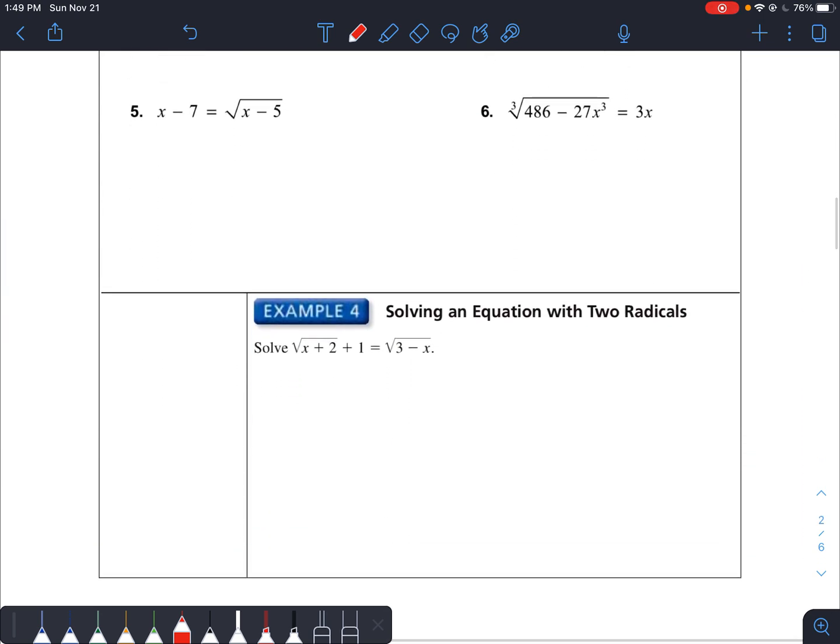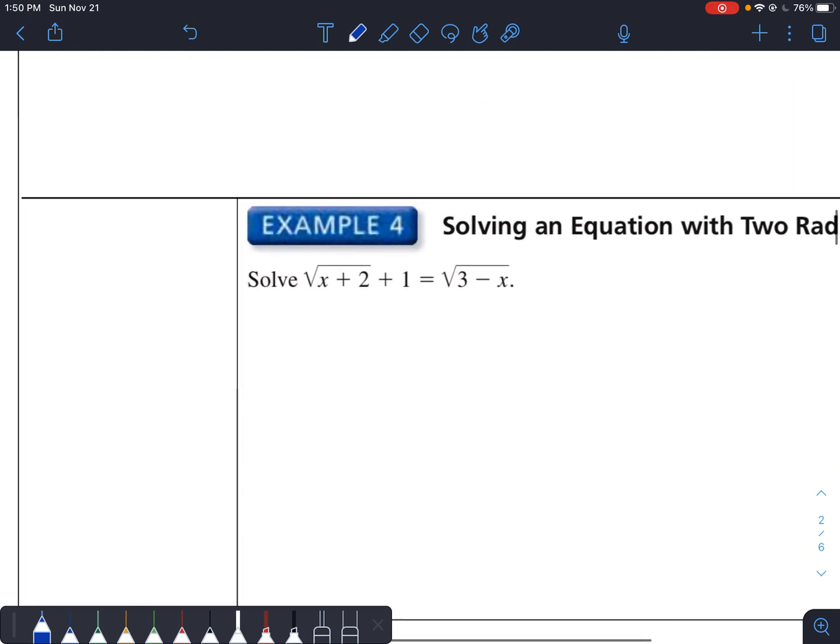Alright, example 4. Here is an equation with two radicals inside it. So here's this side and this side. Like we said before, if possible, we want to get the radical expression by itself. But since we have two radical expressions, that's not going to be an easy thing.